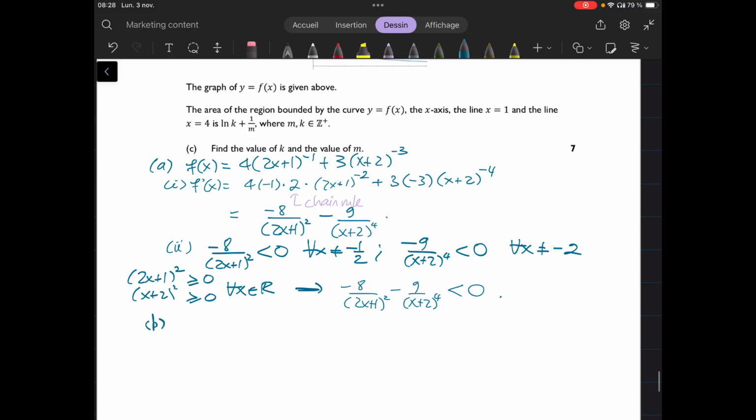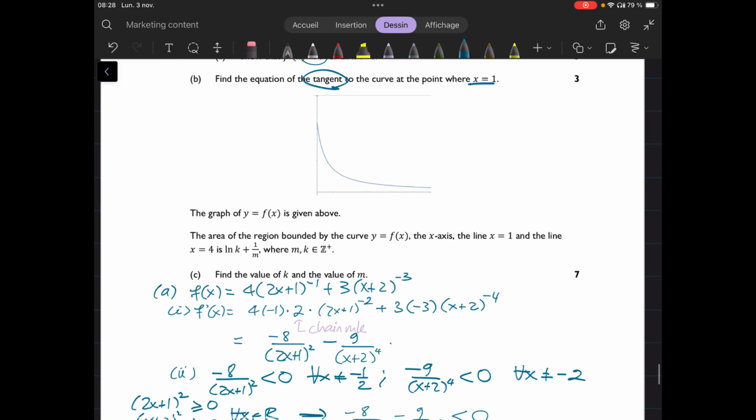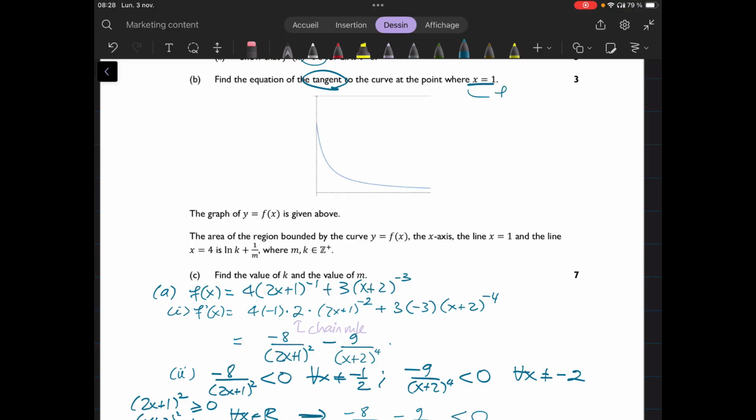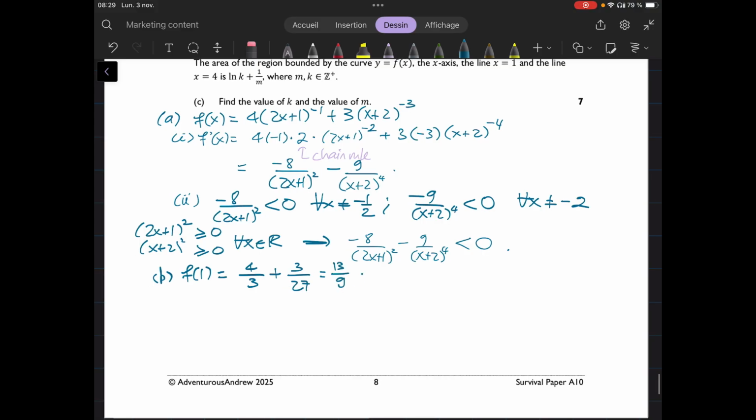Part B. You want to find the equation of a tangent to the curve at this point. To find the equation of a tangent, you need to find f of 1 and you need to find f prime of 1. F of 1, that is 4 divided by 3 plus 3 divided by 27, or 13 divided by 9.